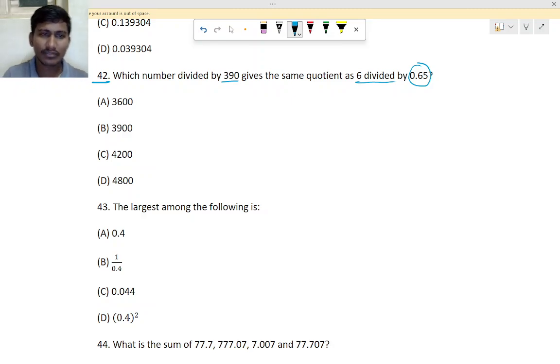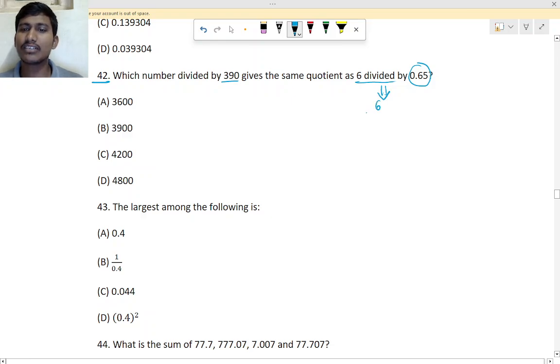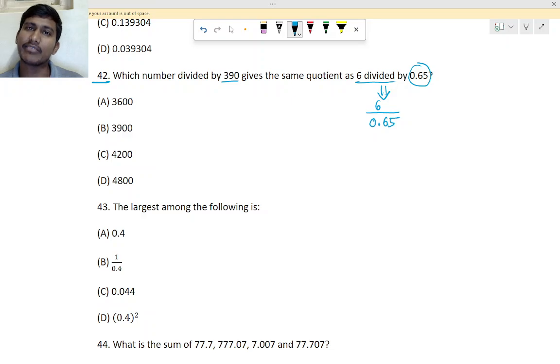So it is divided by, right? So 6 divided by 0.65 and gives which number is divided by 390.